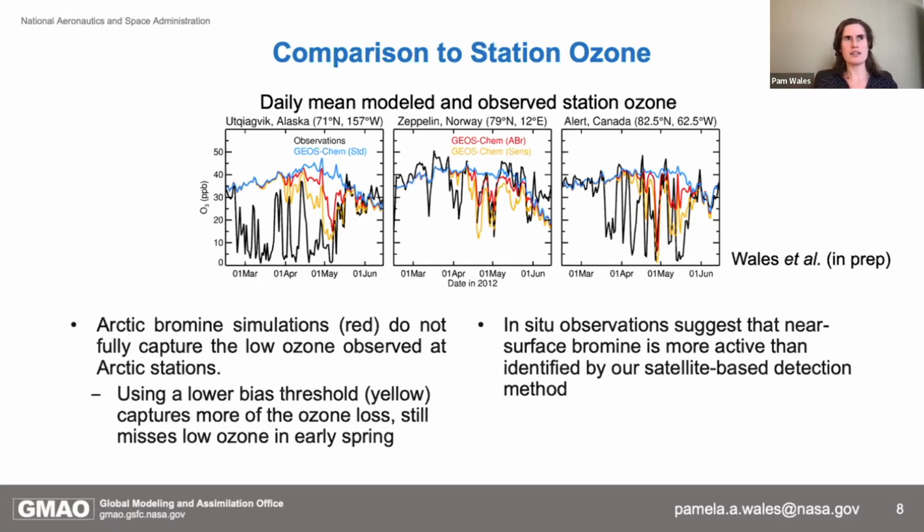And they saw an increase in bromine explosion events. And I think they connected it to increases in first year sea ice relative to multi-year sea ice. So the first year sea ice is going to be more enriched in sea salt than the multi-year sea ice. Yeah. Okay.